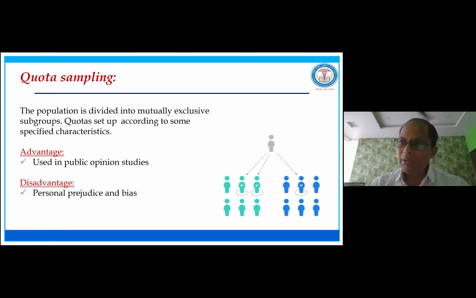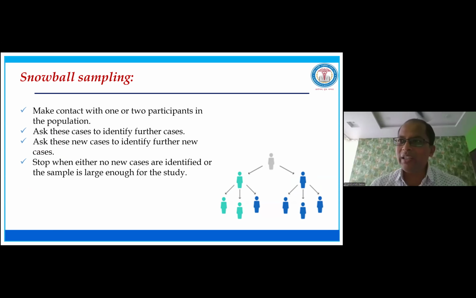Snowball sampling: sometimes it is not possible to achieve the sample size, because one example is participants with sexually transmitted diseases. It is very difficult to get such participants in studies. Even when they are available in hospital OPDs, sometimes they don't give consent to participate in the research.